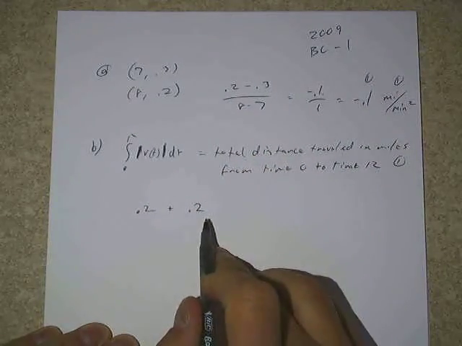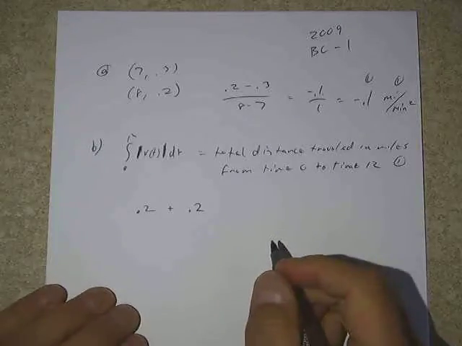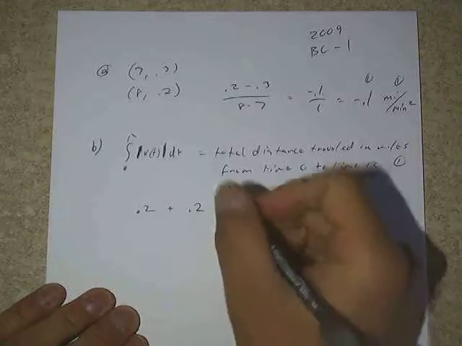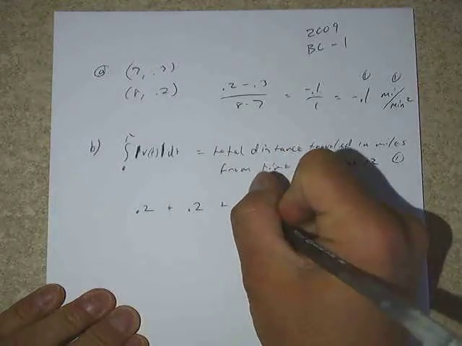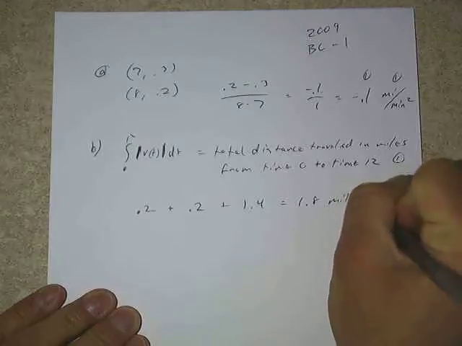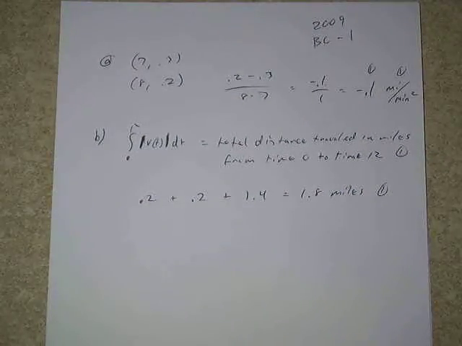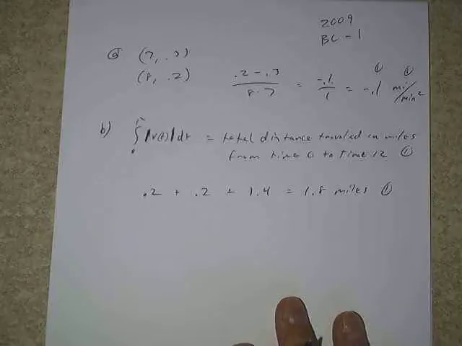The 2 to 4 was 0.2 also. Okay, keeping in mind it's beneath the x-axis, but we're doing the absolute value, so it gets treated as a positive. And then that last part going from 4 obviously has none, but if we go from 5 to 12 and break that shape up however we do, should have gotten 1.4, so the total will be 1.8 miles. Okay. So another point for figuring out that the area in question there was 1.8.